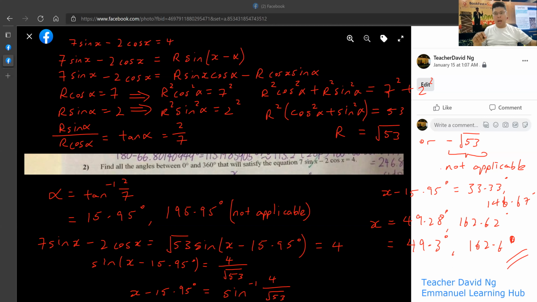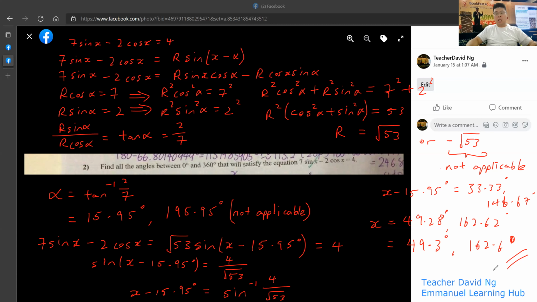So R formula apparently is a very important topic in A-Maths. The reason is because definitely it will come out in your O-levels and your school prelim papers. And R formula always consists of at least 5 to 10 marks, and usually it's about 8 marks.